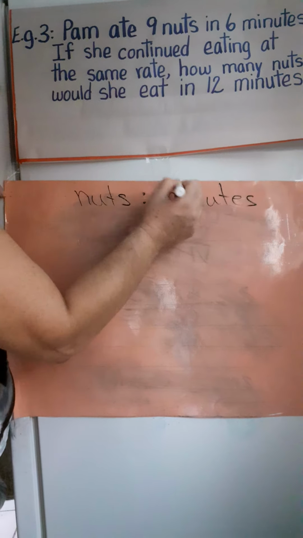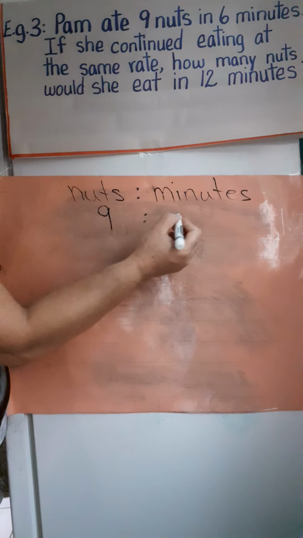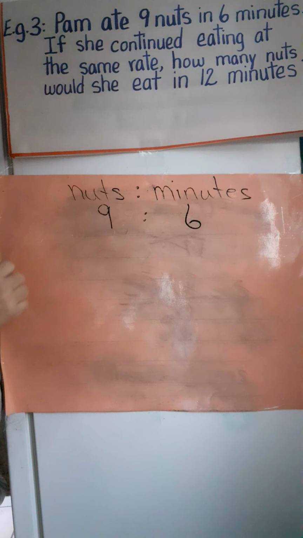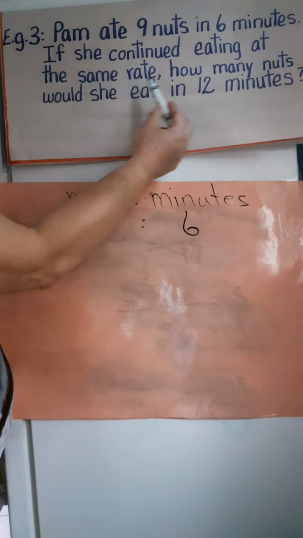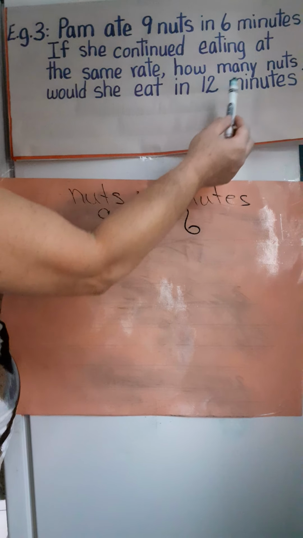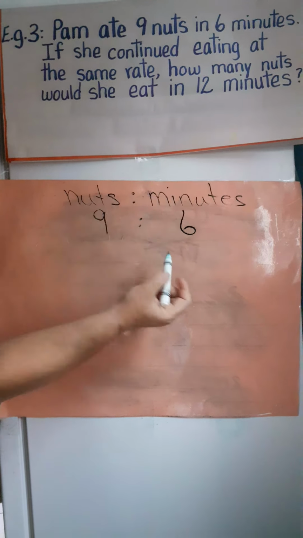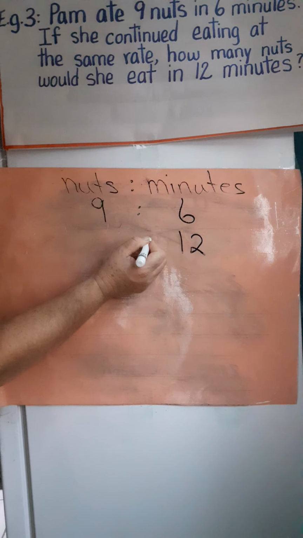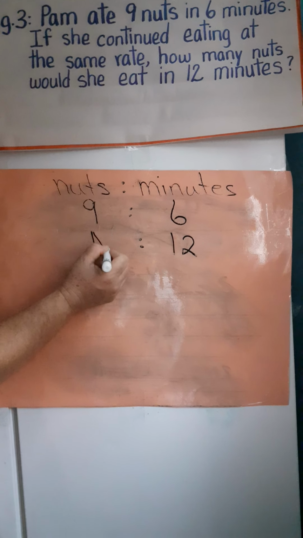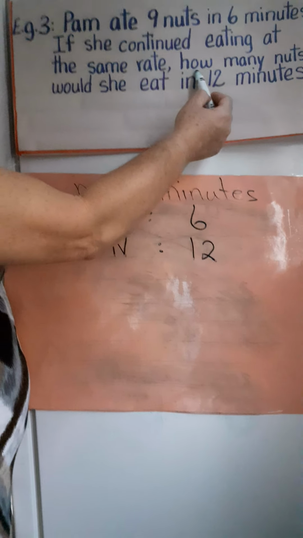Alright, nuts to minutes. Pam ate 9 nuts, so we write that information. 9 nuts to 6 minutes. The question is, how many nuts will she eat in 12 minutes? 12 minutes, you are going to write 12 under minutes. Okay? And we write N on nuts, because that is what we are looking for.